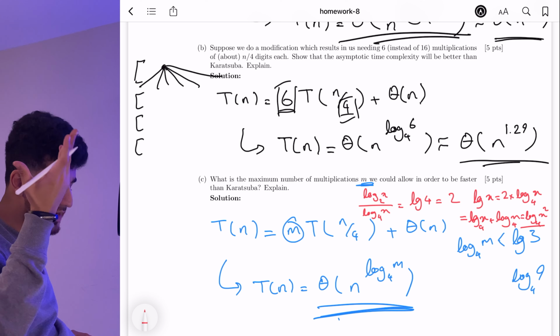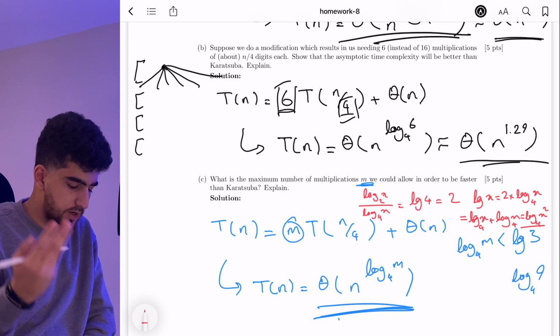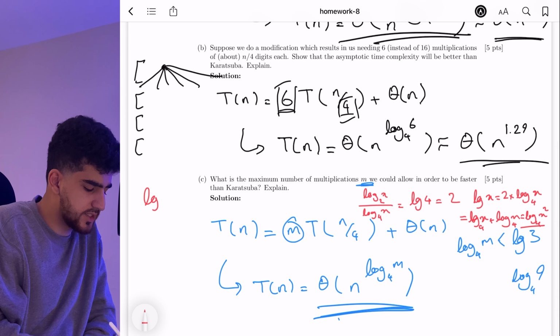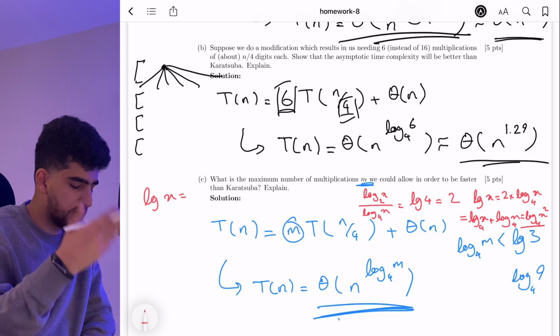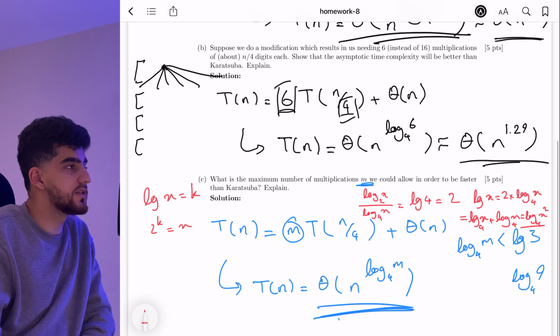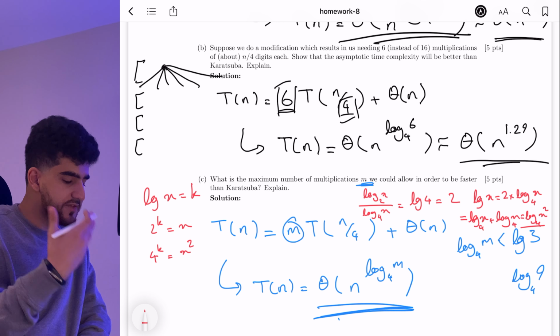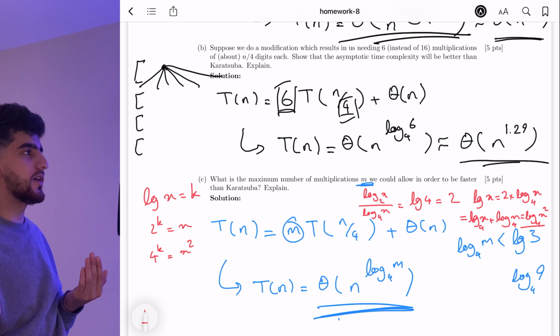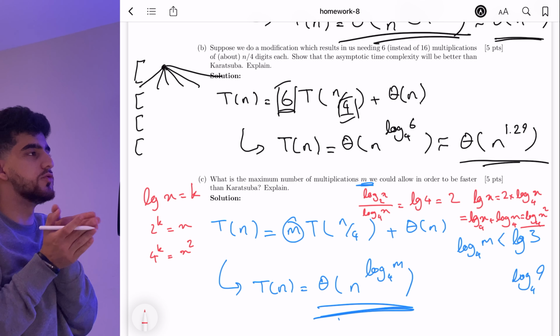Another intuitive way to say that is: what is log of some x in base 2? It means the number, let's call it k, such that 2 to the power of k is equal to x, right? Now, I want to show that 4 to the power of k is equal to x squared. Well, this is very simple. When 2 to the power of k is equal to x, 4 is equal to 2 to the power of 2.